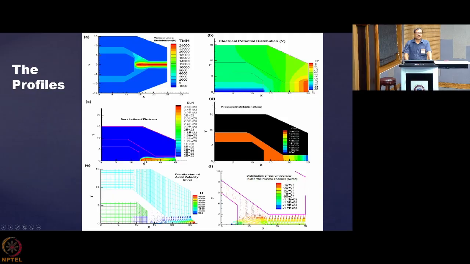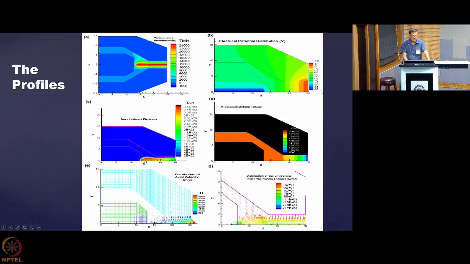Here we are getting the distributions, and because now we have a bigger diameter, instead of 28,000 or 30,000 degree Kelvin, we are getting a bit less. 24,000 degree Kelvin is the maximum temperature here, which is less by 6,000 compared to the cutting torch. It is expected. Similarly, you can get the ion distribution, the pressure distribution, and this is the potential distribution.